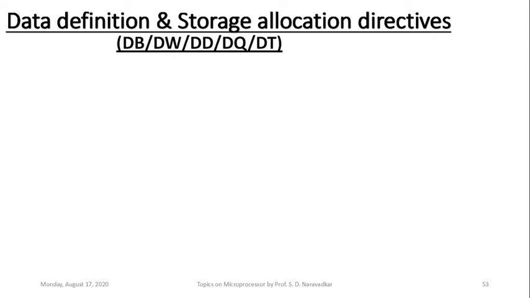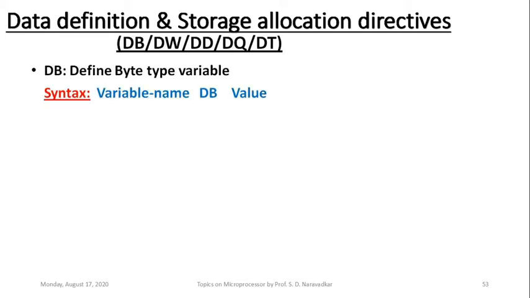Now let us see the details of the first assembler directive, that is define byte, a define byte type variable. On the subsequent line, the syntax of this define byte assembler directive is given.